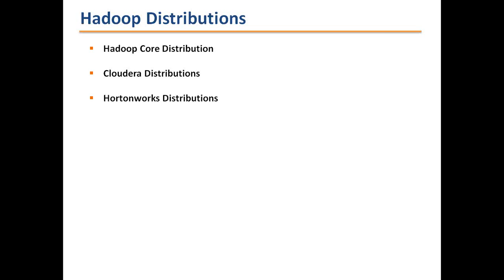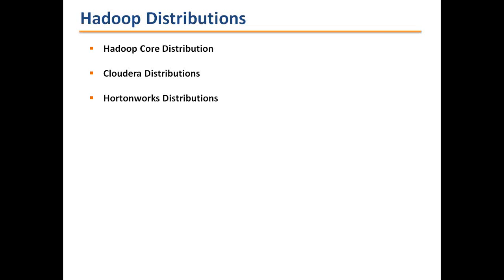So Hortonworks is mostly involved in working on open source. It won't have any enterprise versions. Hortonworks provides everything as open source. And like Cloudera CDH, Hortonworks has the HDP.